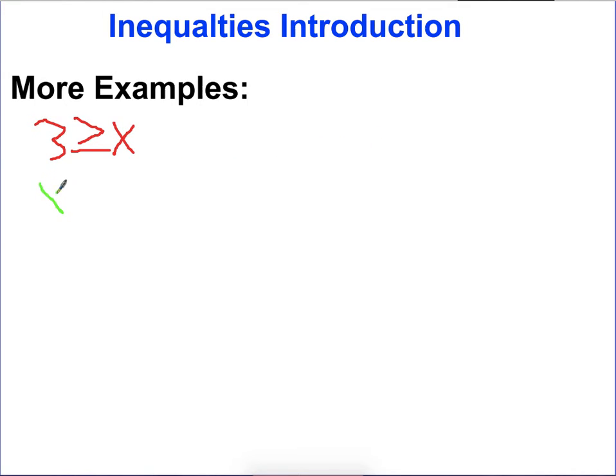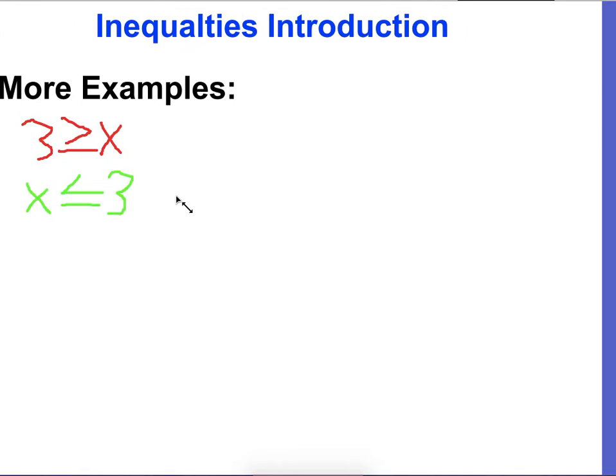So if I think of looking in a mirror at this, I'm flipping everything around. X, I flip this symbol around, and then I have 3 here still. So I have x is less than or equal to 3. And actually, if I go ahead and read the first one backwards, it'd be x is less than or equal to 3. I want to read from left to right for consistency and for meaning.